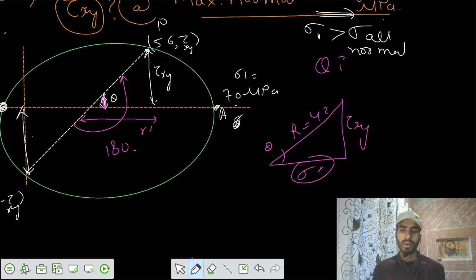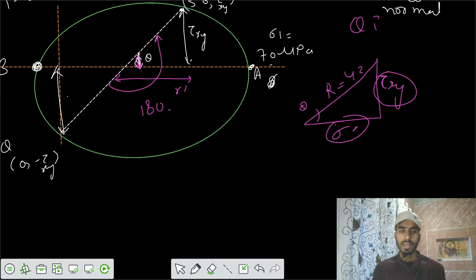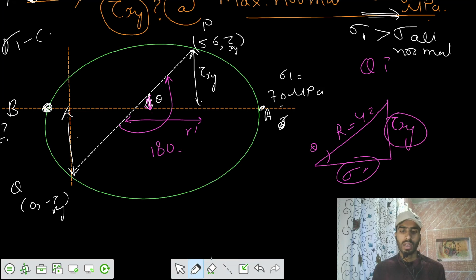I don't know the value of sigma dash. I don't know the value of tau xy. But if I analyze the Mohr's circle, if I know any one of these three, say from the origin to the center, we have this part.